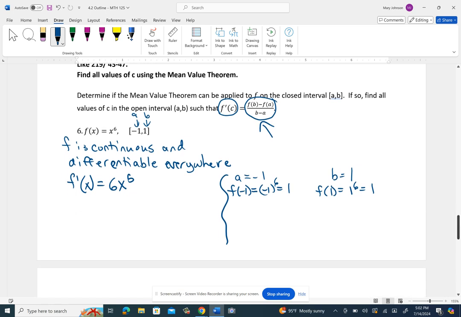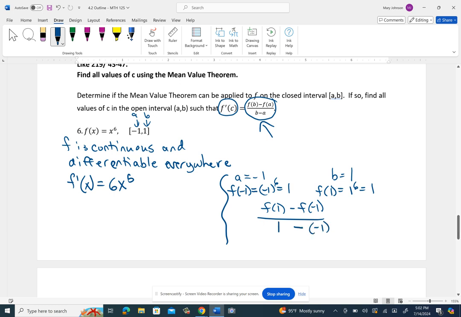Okay, now you're ready to do your slope. This is really just the slope. So you're going to take your f of, let me write it correctly. You're going to take your f of 1 minus your f of negative 1. Okay, that's your y2 minus y1 over your x2 minus your x1.